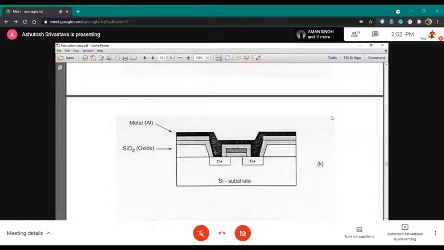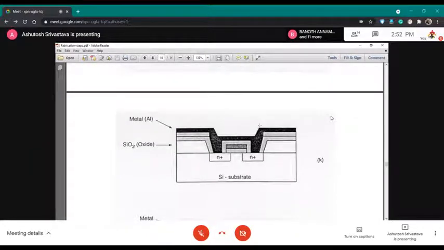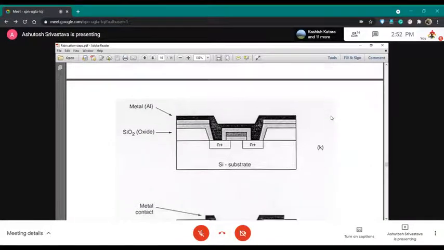so that your source and drain is connected to the external world, from where you can apply any kind of oscilloscope or any kind of multimeter, okay, or any kind of voltage source or current source.